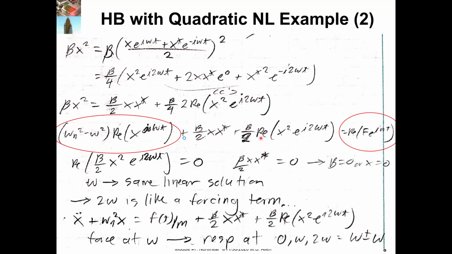Right, we can think of the nonlinearities as causing forcing terms on the right-hand side of the equation. So this term, if 2 omega happens to be a natural frequency of the system, of a multi-degree of freedom system, then this term will excite another mode. And that's how we get coupling between the modes.